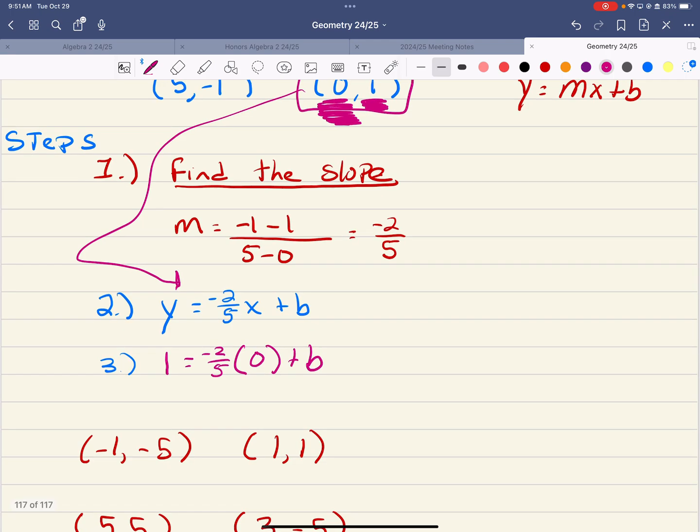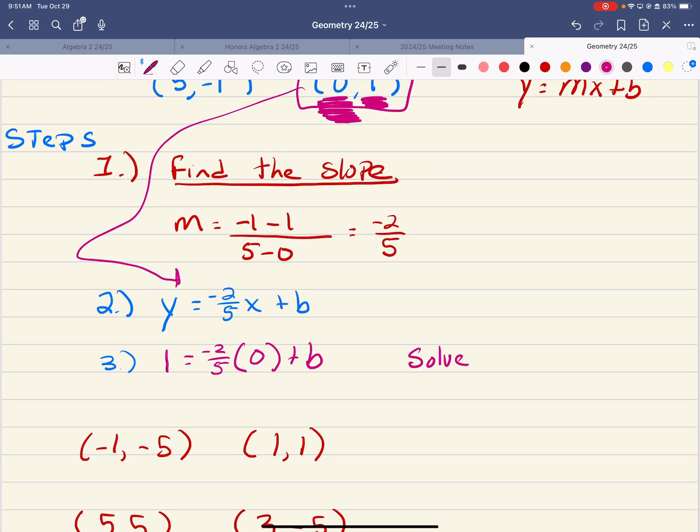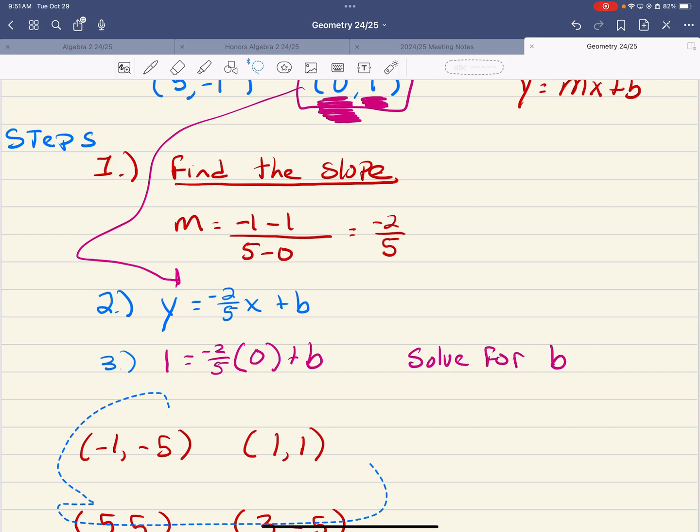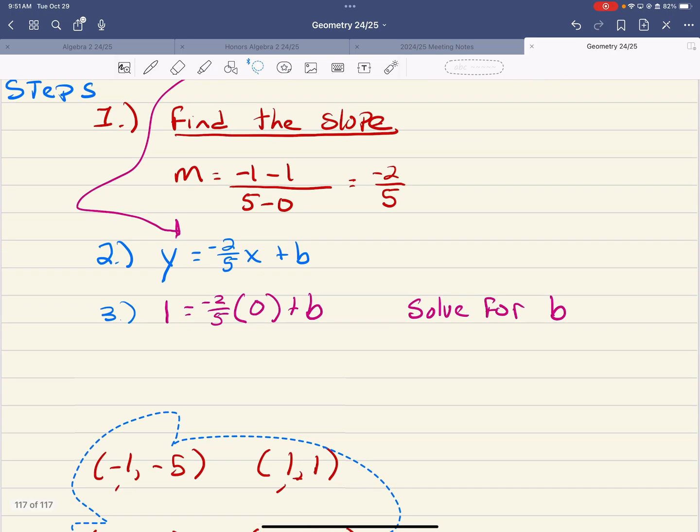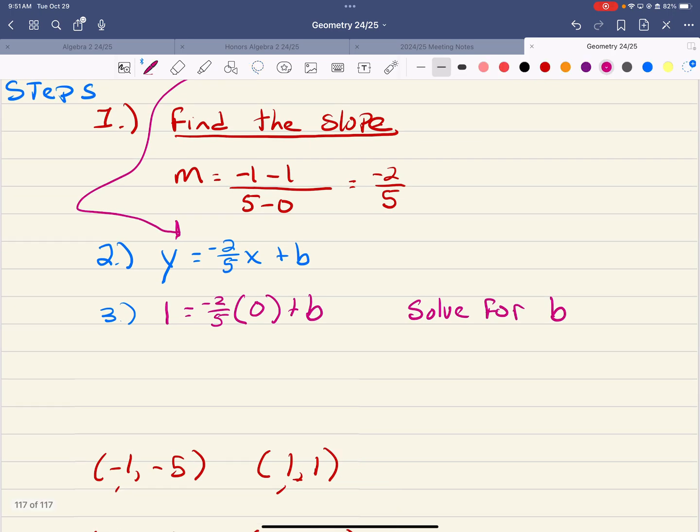And you're going to take this and solve for b. So that's 1 is equal to 0 times anything is 0. So my b value is equal to 1.